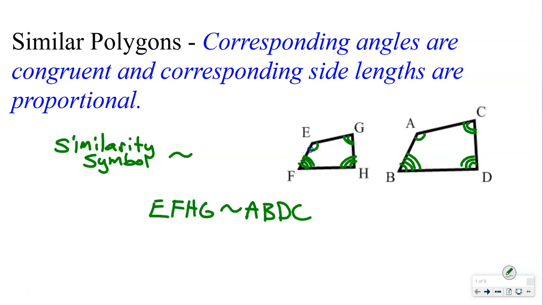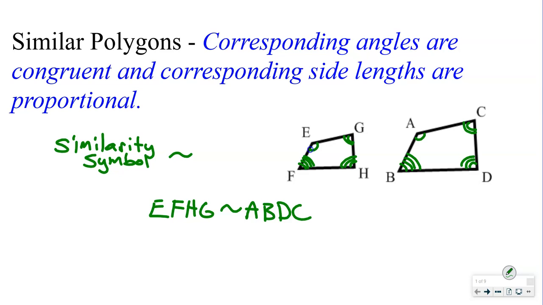Now we talk about the side lengths being proportional. So looking at EF and AB, we can see that they're different lengths, but we're going to make a proportion or ratios, called scale factors, that are the same.